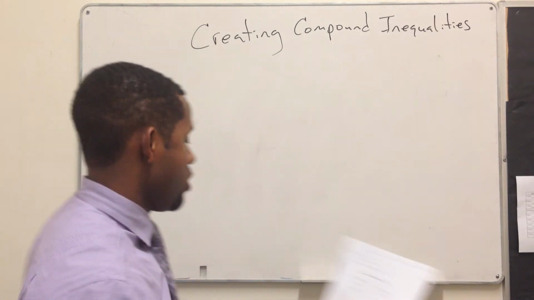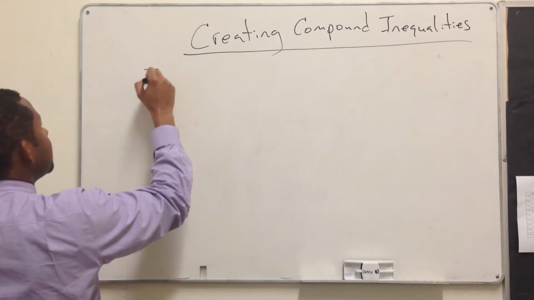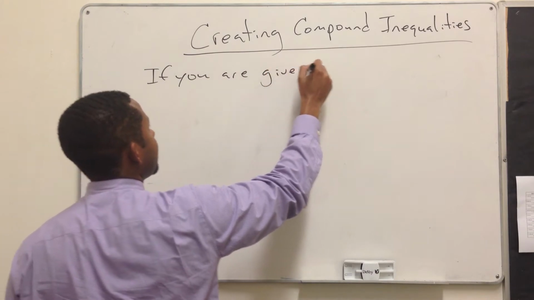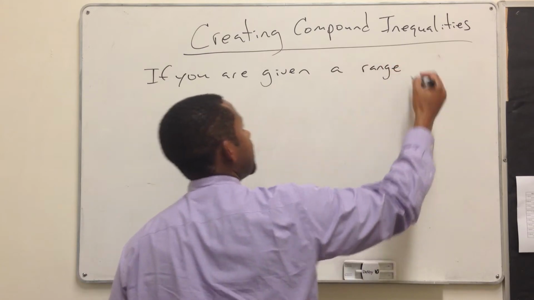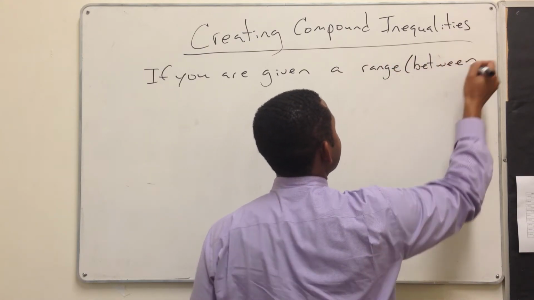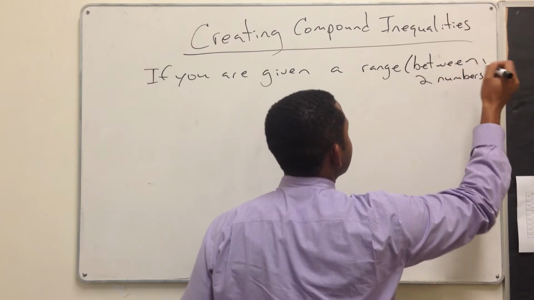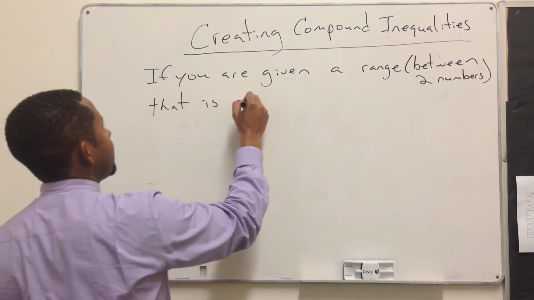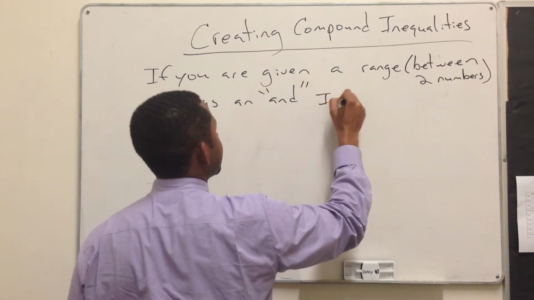With creating compound inequalities, if you are given a range, in other words, something that is between two numbers, right? That is an and inequality.